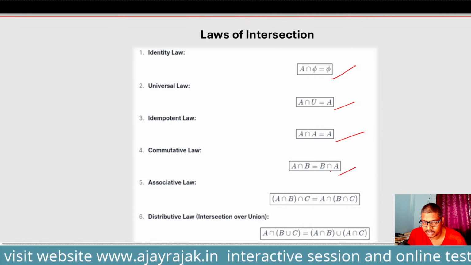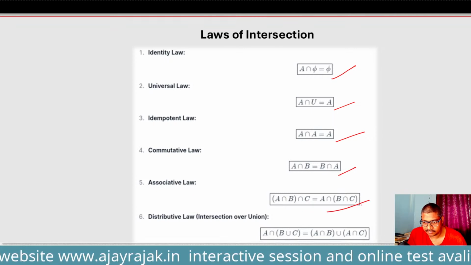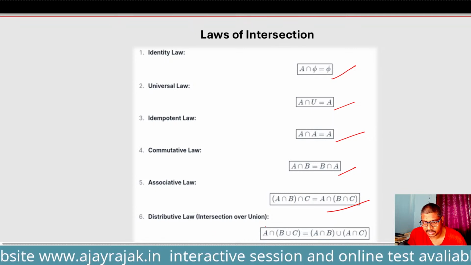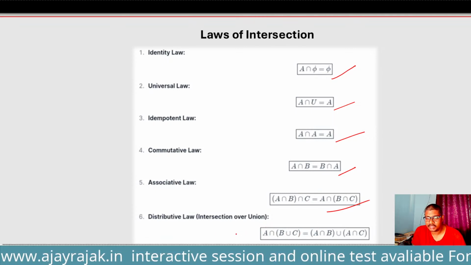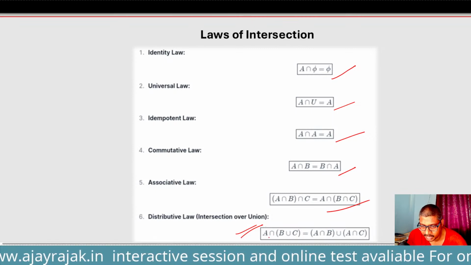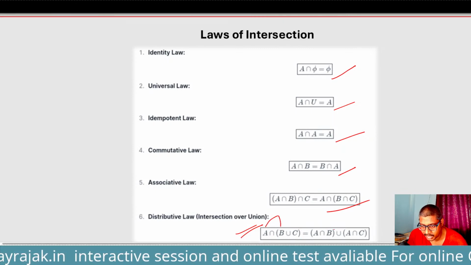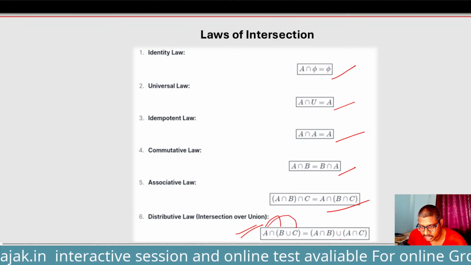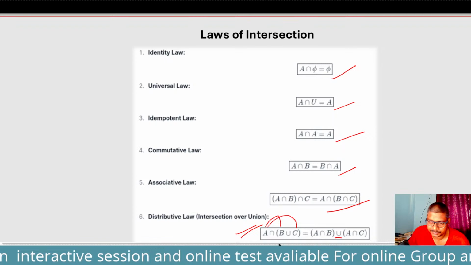A intersection B and B intersection A are going to be the same. They follow the associative law, and yes, they can also follow the distributive law. A intersection B union C: this law is a little important, you have to keep it in mind. A will intersect with B, and then A intersects with C, and their union is going to satisfy A intersection B union C.